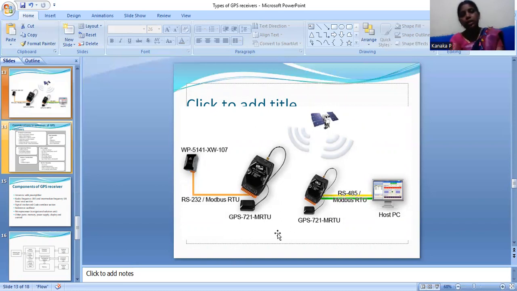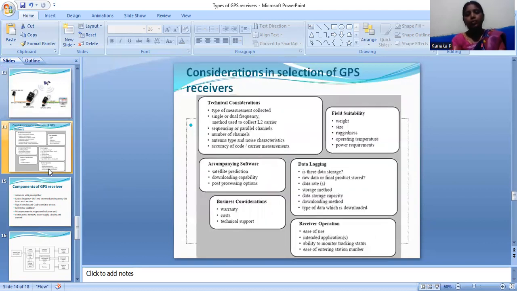The GPS 721 MRTU transmits the RS485 Modbus RTU. So this is for the PC. PC means personal computer. The computer receives all signals and information, collects the information and transmits the information.